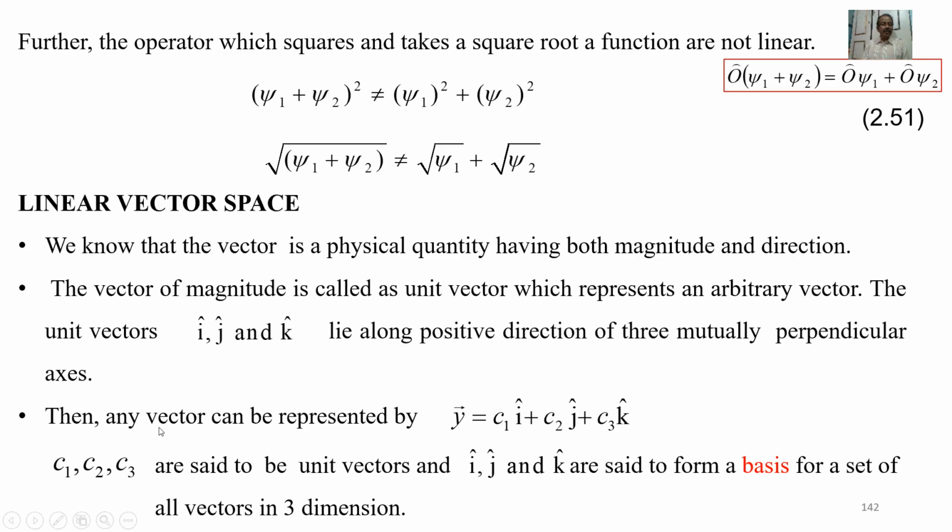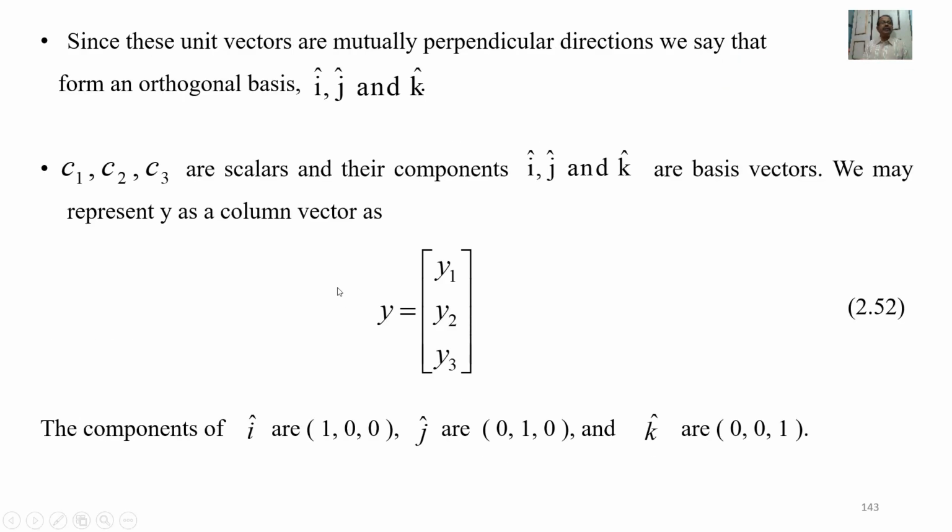Then any vector can be represented by y equals c1 i plus c2 j plus c3 k. Here c1, c2, c3 are scalars. i, j, k are said to form a basis for the set of all vectors in 3 dimensions. Since these unit vectors lie along mutually perpendicular directions, we can say that they form an orthogonal basis i, j, k.